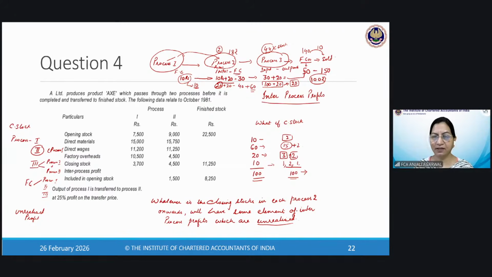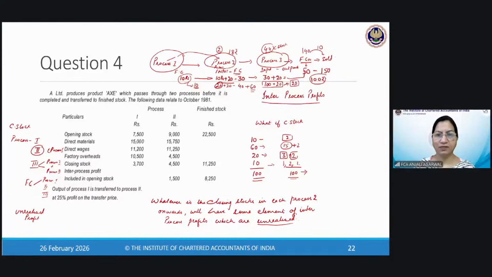So to calculate the true profit, the profit we had in this period plus the unrealized profit from the opening stocks minus the unrealized profit in the closing stocks will give you the true profit for the entire entity as a whole.